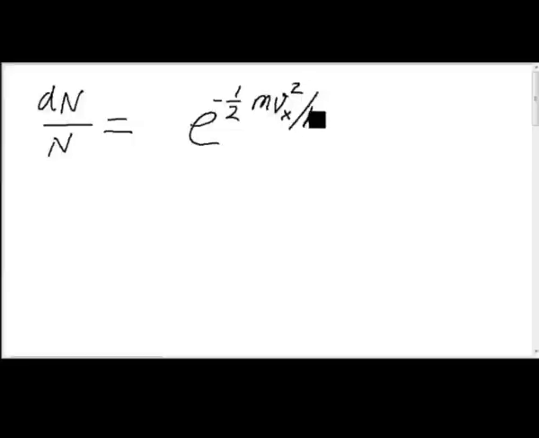So the fraction of the molecules, which we represent by dn per n, is proportional to e to the power of minus half m, the mass of the molecule, Vx squared, where V is the speed of the molecule and x is the direction, divided by kT, k being the Boltzmann constant and T the temperature, times dVx, times A, the ratio constant.